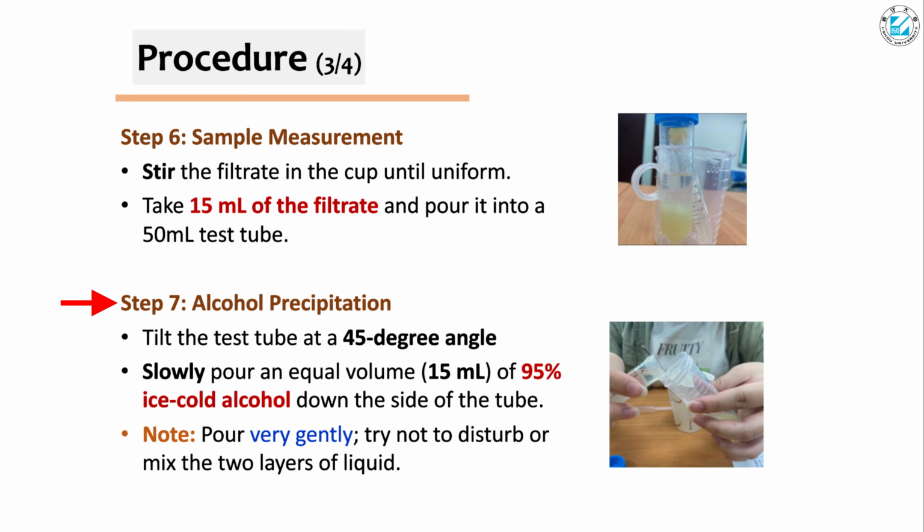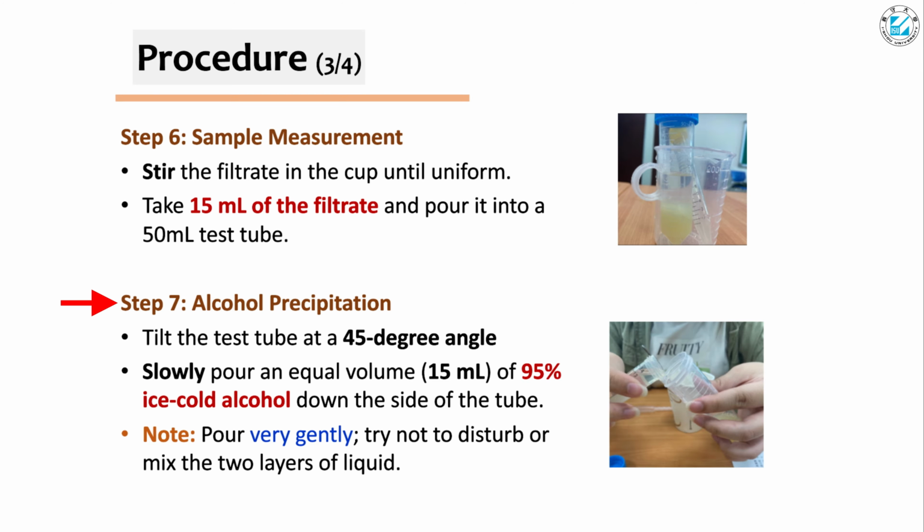Tilt the test tube at a 45-degree angle and slowly, be careful, slowly pour an equal volume, 15 milliliters of 95% ice cold alcohol down the side of the tube. Note, pour very gently, be careful and gentle. Try not to disturb or mix the 2 layers of liquid.